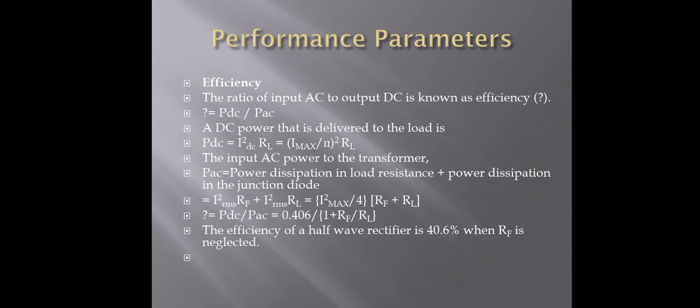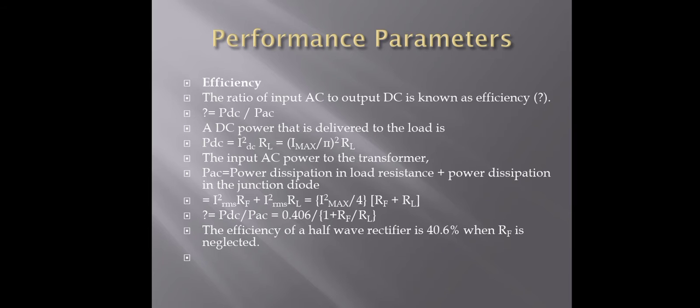Now first is the efficiency. The average value of the output voltage is VDC, and the average value of the output current is IDC. Then the output DC power is PDC equals VDC into IDC.